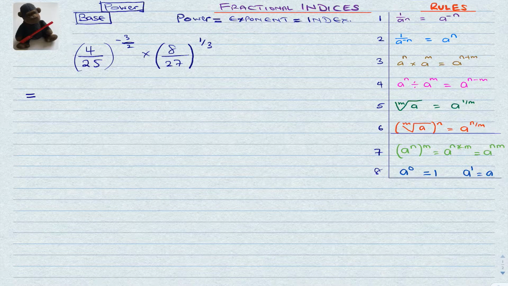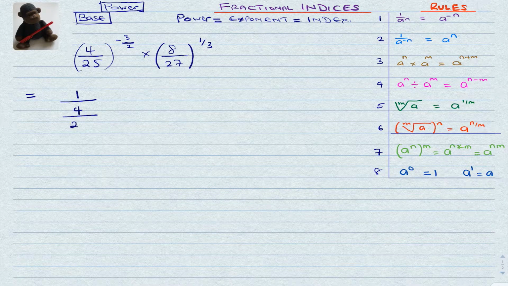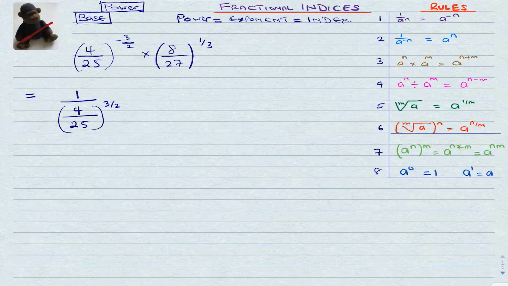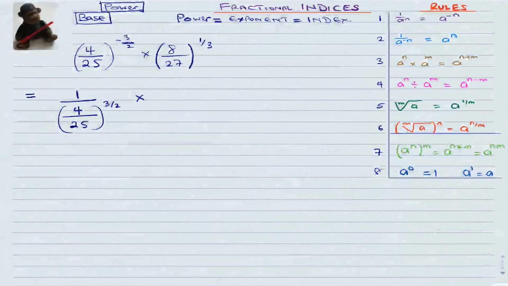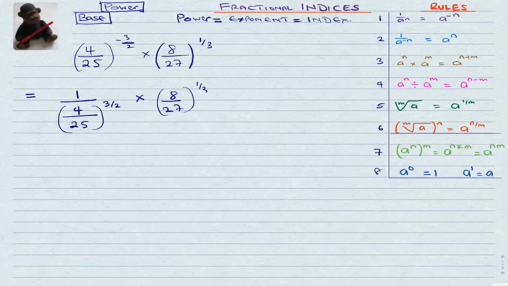So rule number 1 in reverse. So I get my 1 over 4 to the power 4 over 25 to the power 3 over 2. Of course, I'm timesing it by 8 over 27 to the power 1/3.